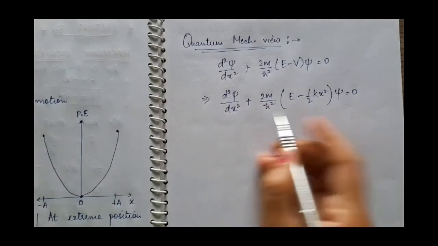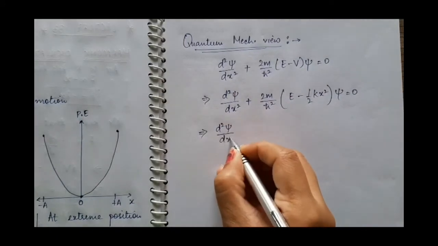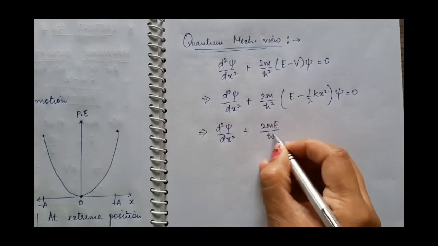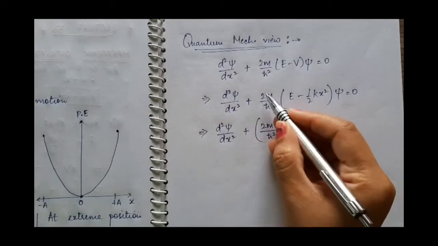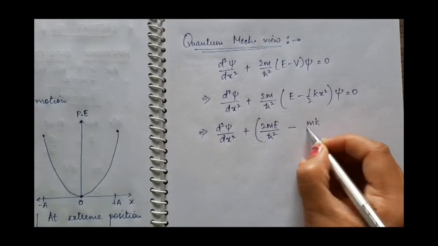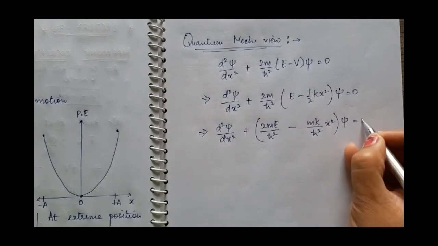Now open this bracket: d square psi by dx square plus 2mE by h cut square minus, 2 and 2 will be cancelled out, so we have mk upon h cut square x square psi is equal to 0.